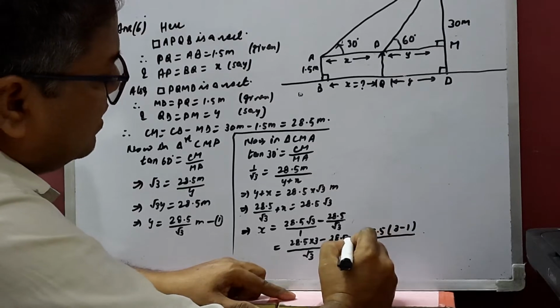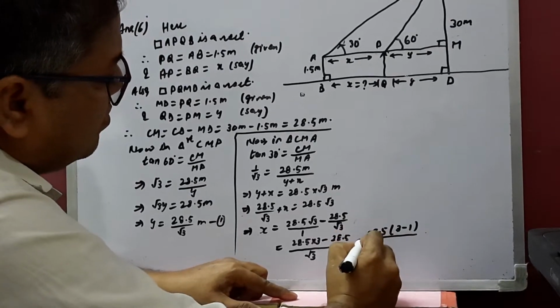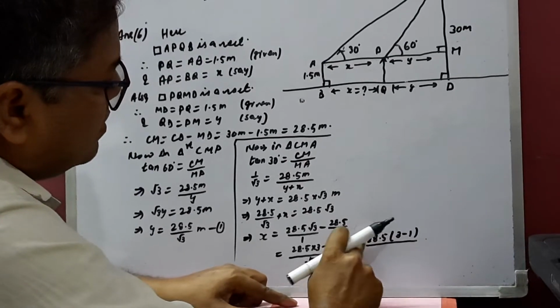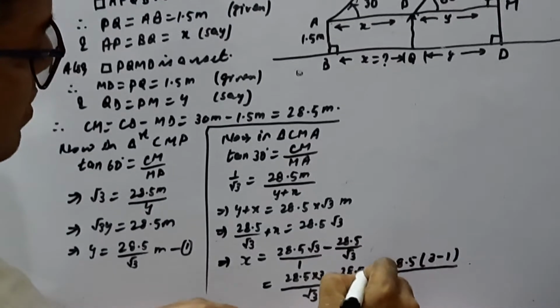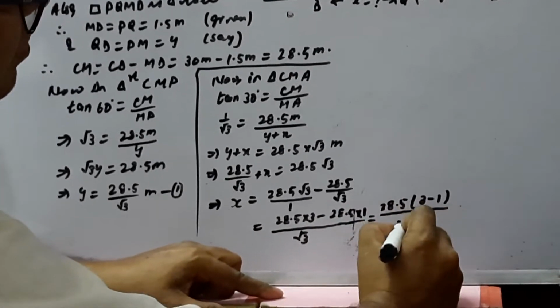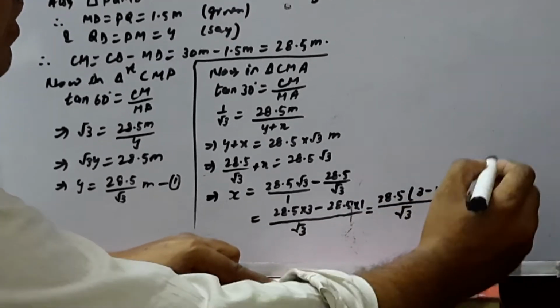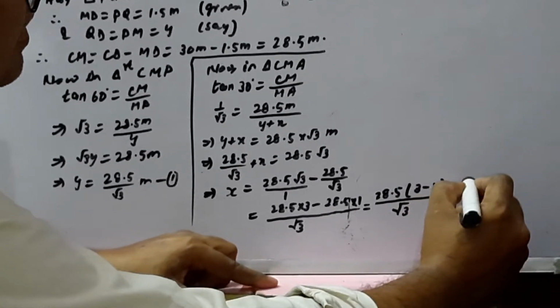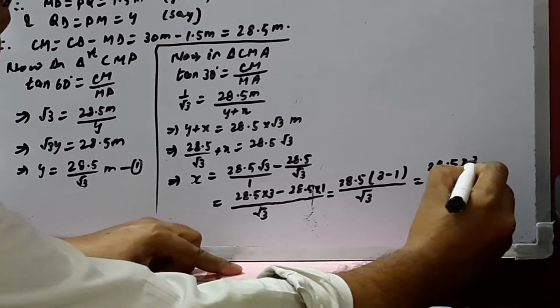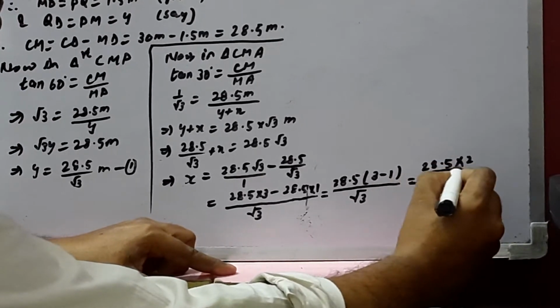Okay, you will write here 1 like this, 1, and this is root 3, and so this is 28.5 into 2 by root 3.